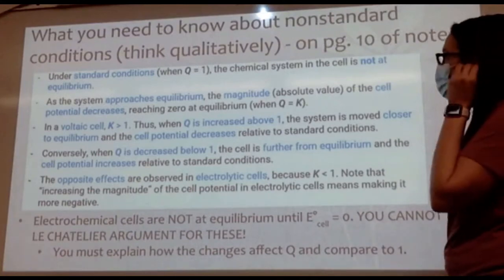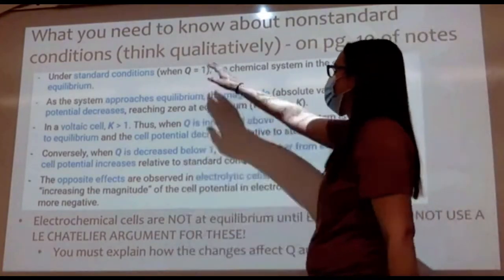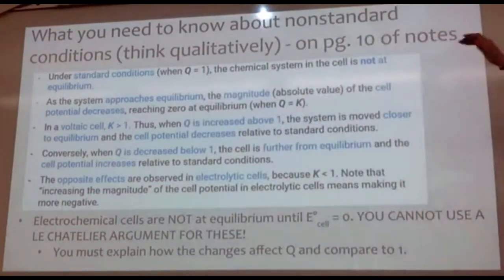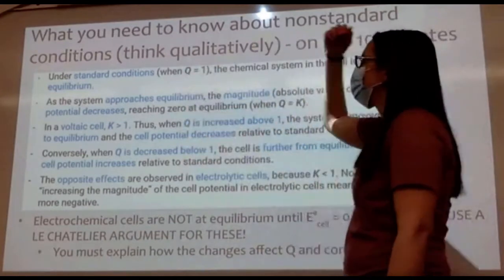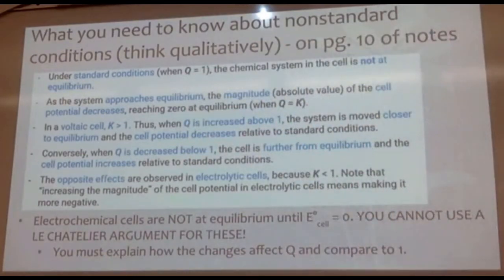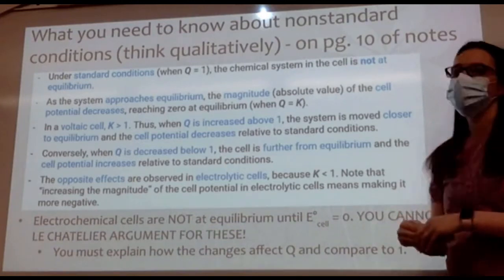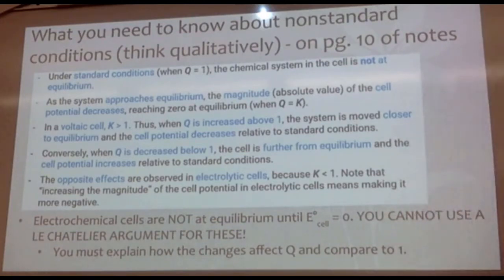So this is from AP, and this is where we have to think qualitatively. This is from page 10 of your notes. I just shortened everything into some bullet points. So under standard conditions, Q equals 1. Under standard conditions, electrochemical cells, whether they're voltaic or electrolytic, if the cell is running, we are not at equilibrium.